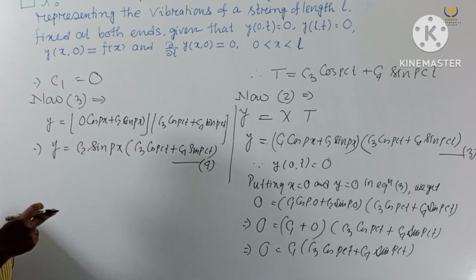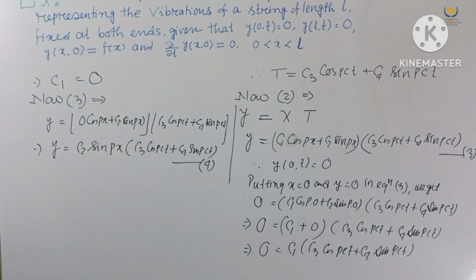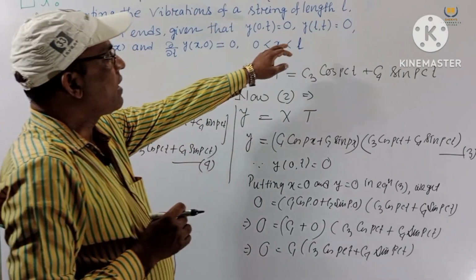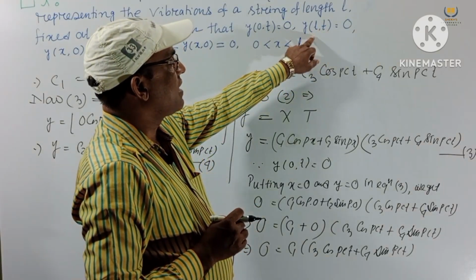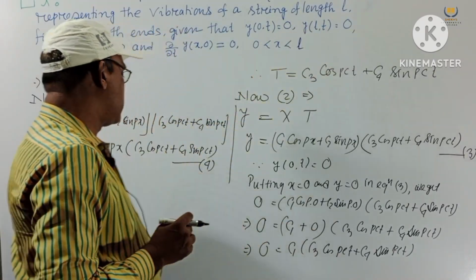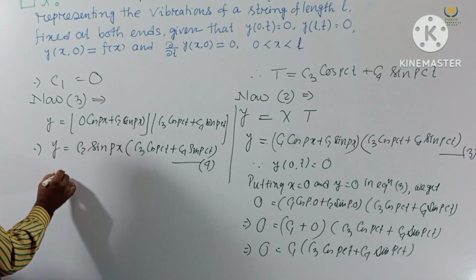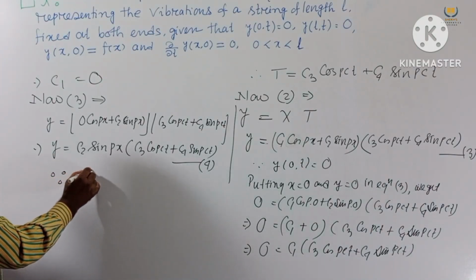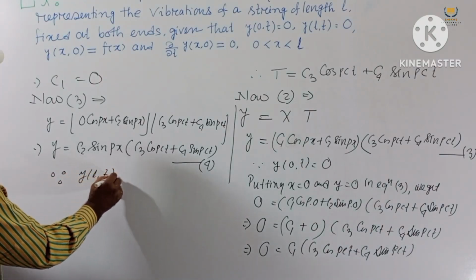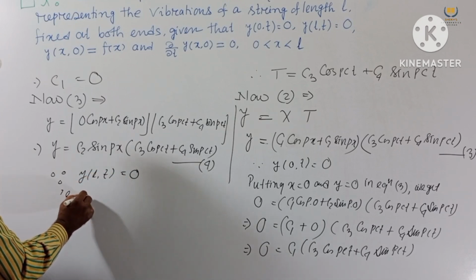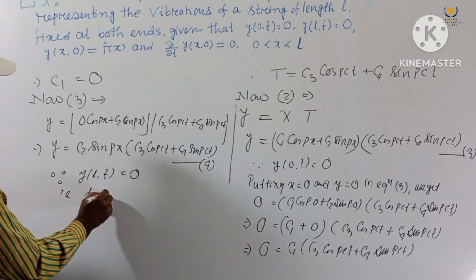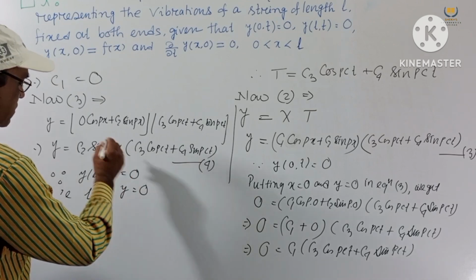Number 4. Again, second condition, y of L comma t equal to 0. That means x equal to L and y equal to 0. Since y of L comma t equal to 0, when x equal to L, y also 0.